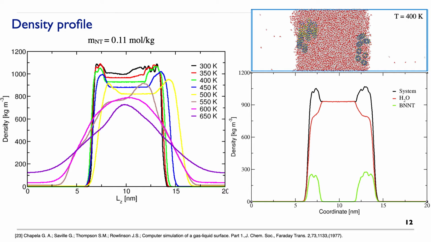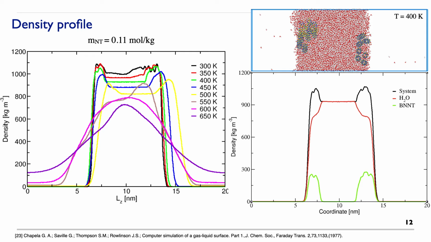As can be seen in the right figure, the upper figure is a snapshot of the system at 400 Kelvin, and below it is the graph of the density profile. We observe the contribution of the water molecules, which is the red curve. The green curve is the contribution of nanotubes, and by adding the two contributions, we get the black curve, which is the density profile of the entire system.